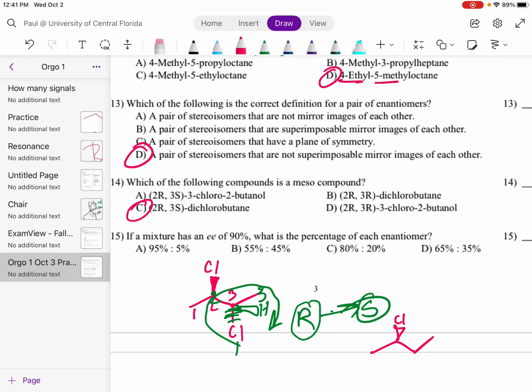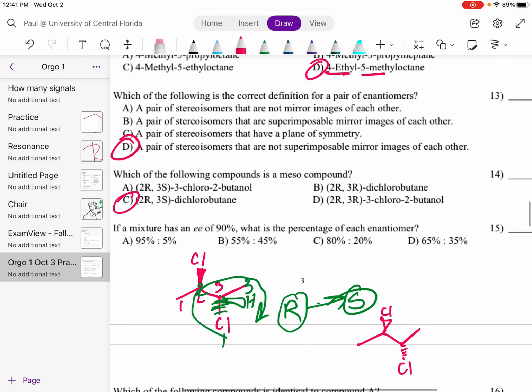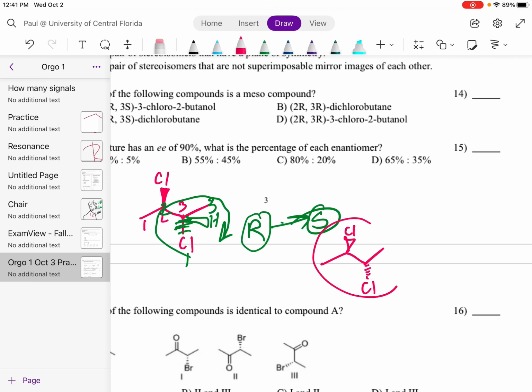So if we clean that up like this, a meso compound is one that has a plane of symmetry. Now this one's tricky because that molecule that I drew does not have a plane of symmetry. But then how can it be meso? A meso compound has at least 2 stereocenters and a plane of symmetry.